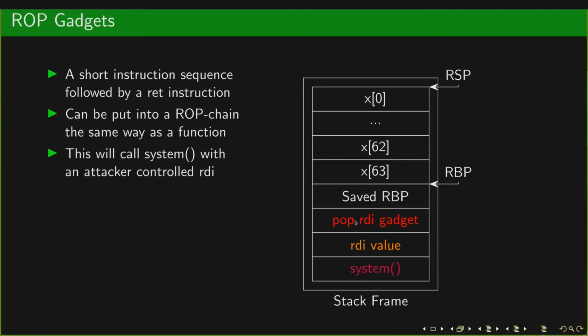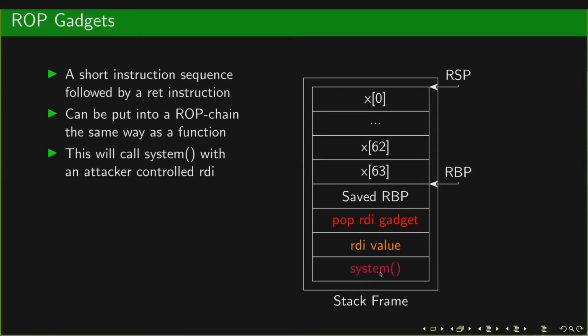It's going to call pop rdi, which pops this RDI value off of the stack and stores that into RDI. And then it's going to execute that ret instruction, because ret was the next instruction, because of the way that we found our ROP gadget.